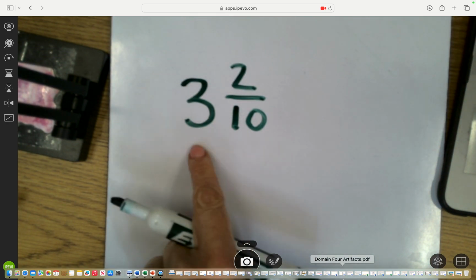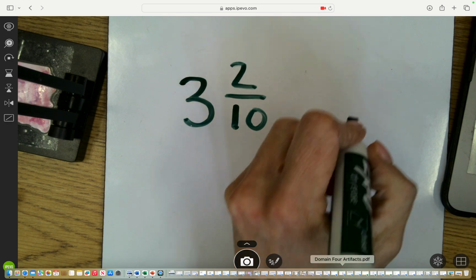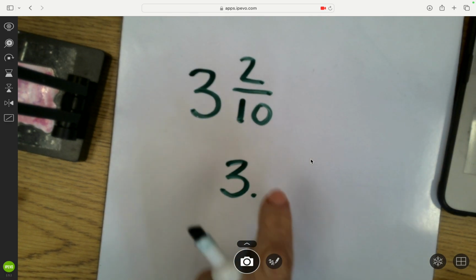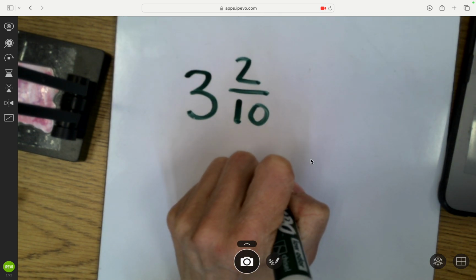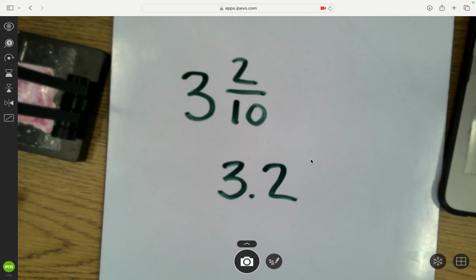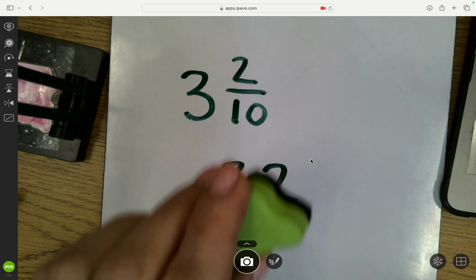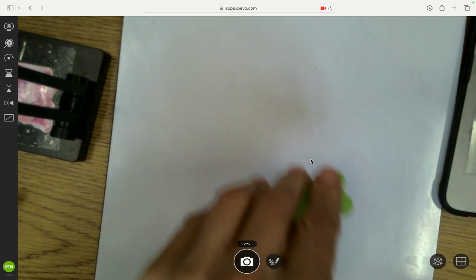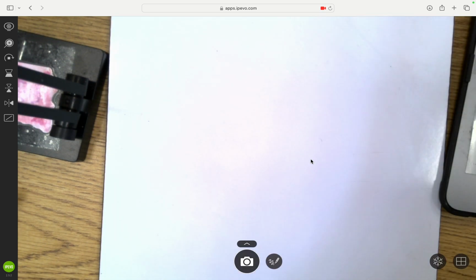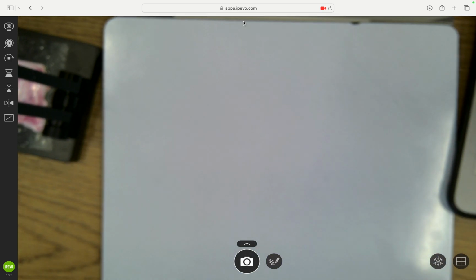And if I wanted to write that as a decimal, the 3 is a whole, right? 3 decimal point 2/10. 3.2. 3 and 2/10. Okay. So we're going to go over our worksheet. And remember, this is brand new, so you can't expect to totally understand it yet. It takes time, but with practice, you will get it, okay?